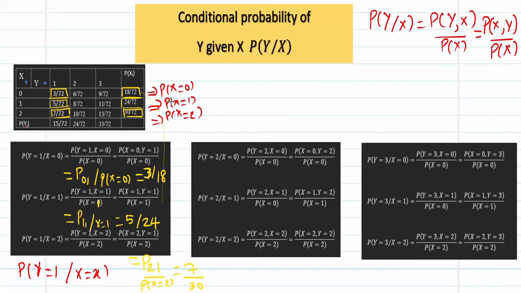Now going to the case where you require the probability of y equal to 2 fixed and x varies as 0, 1, 2.